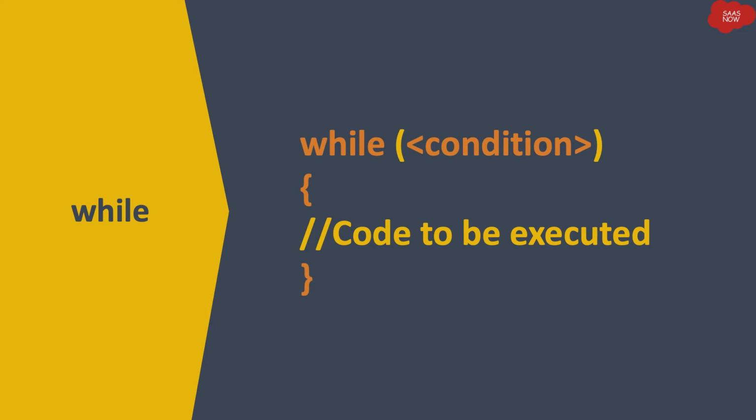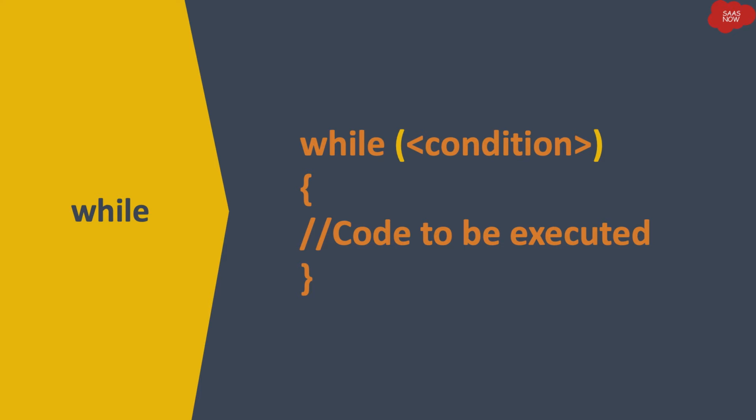Then you put curly brackets. Within these curly brackets, you put the code which you want to execute in the loop. This code will continue to be executed as long as that condition is true. And if this condition returns false, then this code will not be executed.